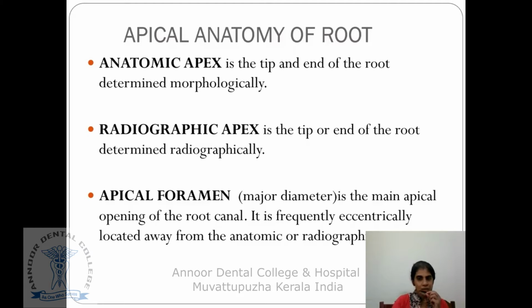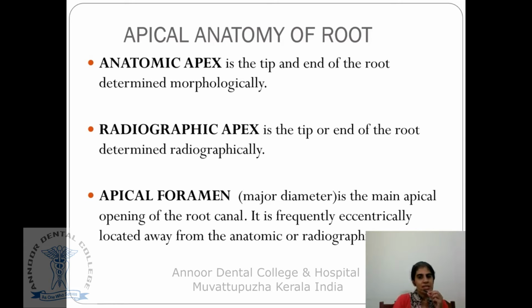Moving on to the terminologies at the root apex. First we will see what is an anatomic apex. So anatomic apex is the tip and end of the root which is determined morphologically. So when you extract the teeth, what you see at the apex is the anatomic apex.